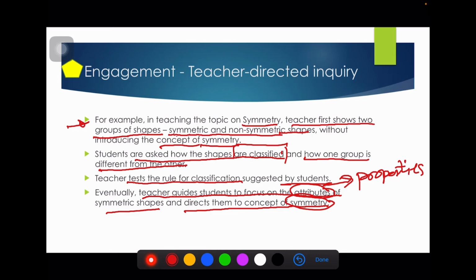So you will need to know first and foremost what are the attributes of something that is symmetric, and then you can lead your students to find whether the shapes that they have classified are symmetric shapes or non-symmetric shapes.